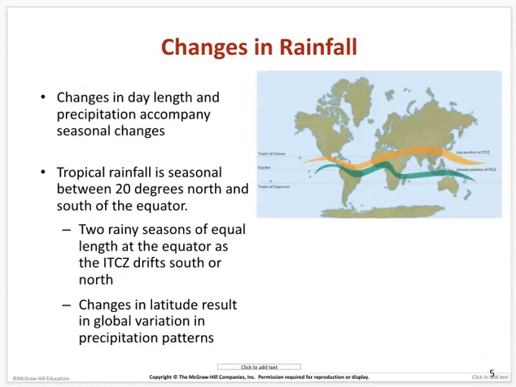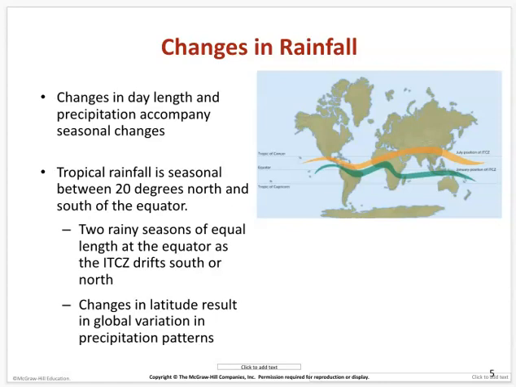If you look at this image, you can see how the precipitation patterns vary from the Tropic of Capricorn, the equator, and the Tropic of Cancer. And it depends on the months of the year. This is how we see seasons.